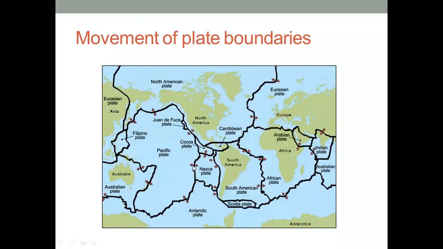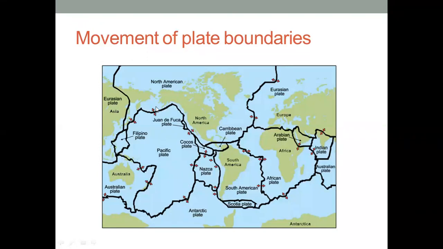These two plates will be moving away, which means the convection currents are driving this plate to move along this side and that plate to move the other side. Because of that, at this location the spreading of these two plates will happen.